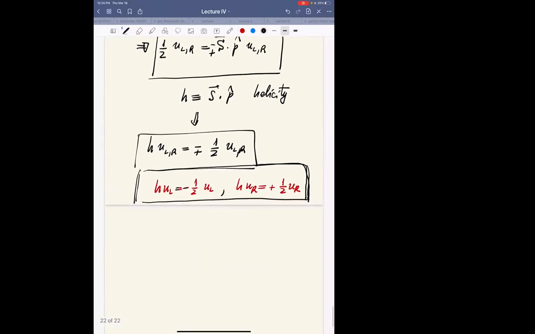So in other words, when M is 0, the bottom line, in a nutshell, summary: when M is 0, I get that helicity is chirality.